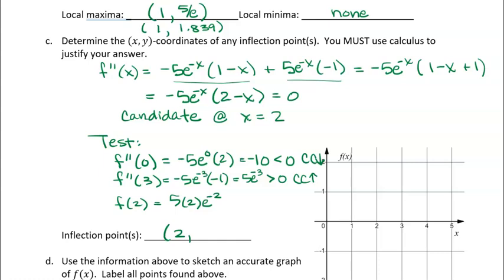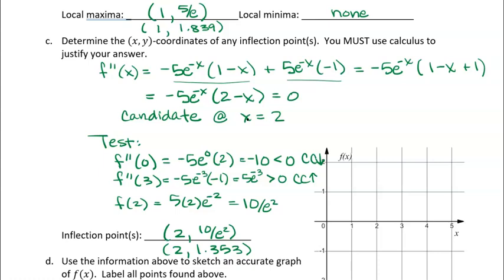So that is 10 over e squared. Now, because I have to graph it, I probably would like to have that as a decimal. So that's the same as 2 comma, what did I get? When I put it in my calculator, 10 divided by e squared gives me 1.353. Okay, so the decimal is just easier to graph.